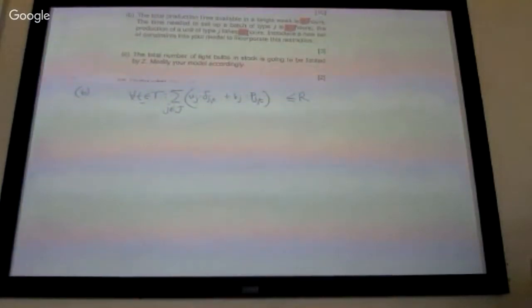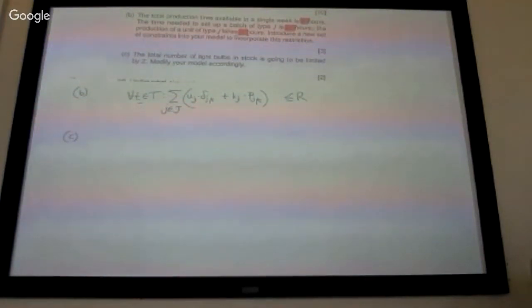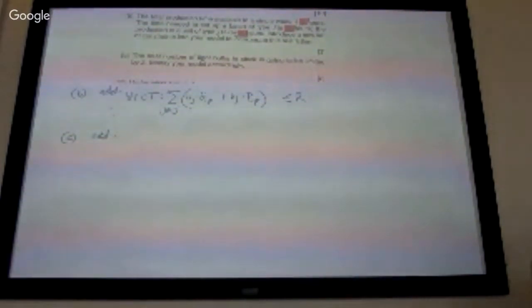And this is just another set of constraints. Do you mean when it says stock, it means the storage? Yes. So you need to add a constraint that takes care of it, or a set of constraints rather.